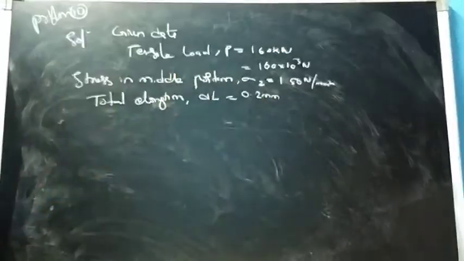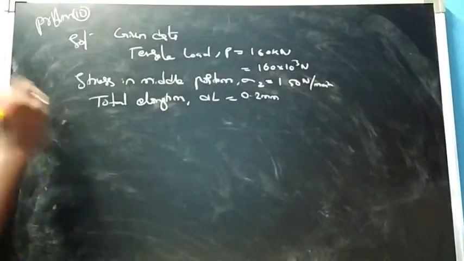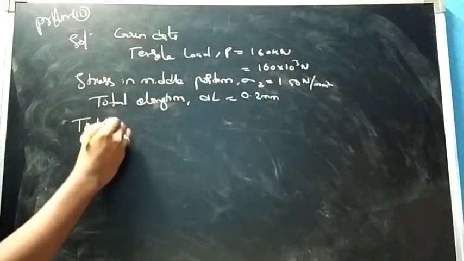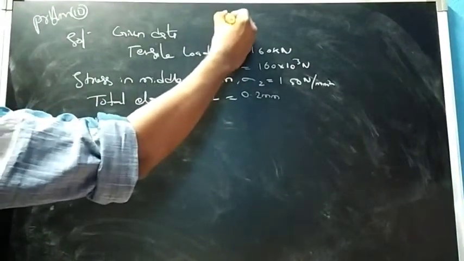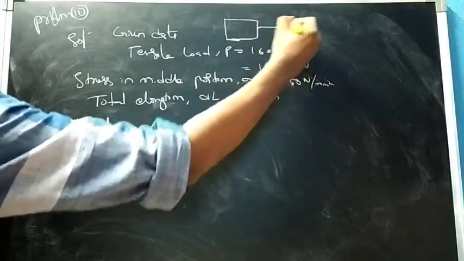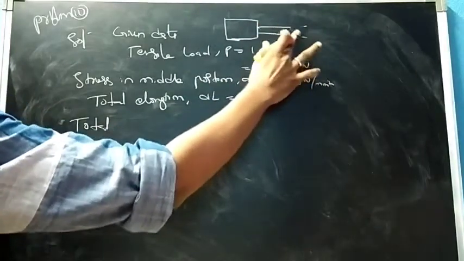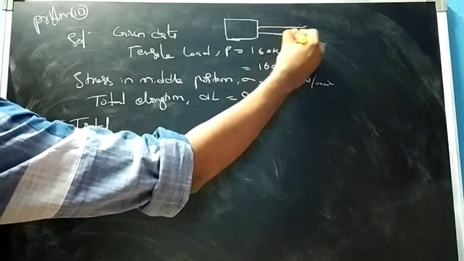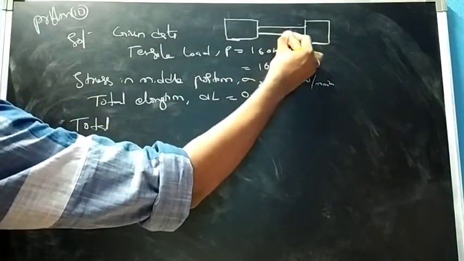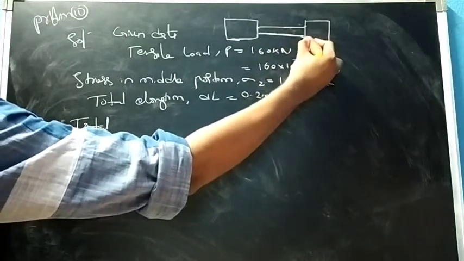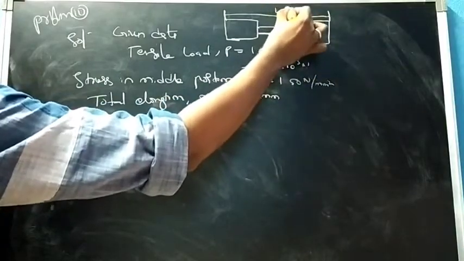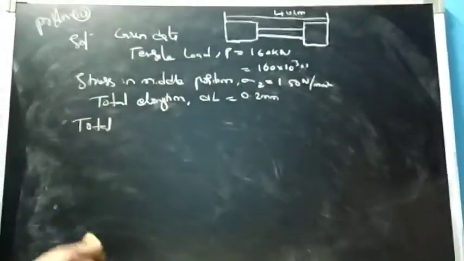Total elongation is given, and total length of the bar, as we know, is about 40 centimeters, right?